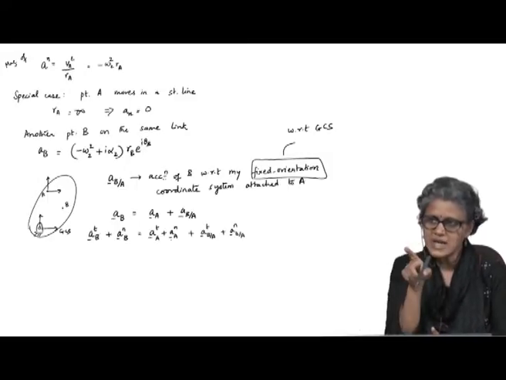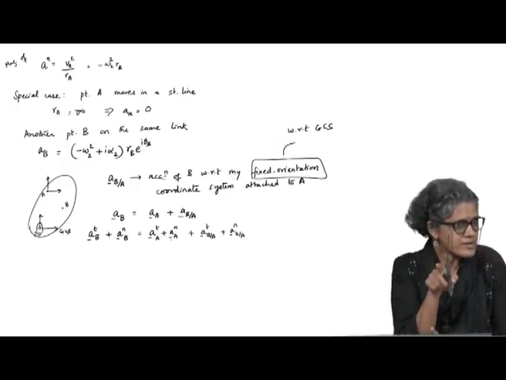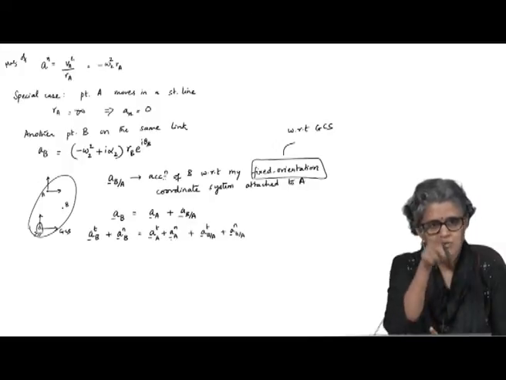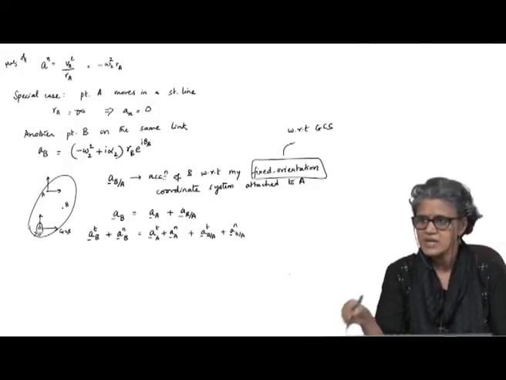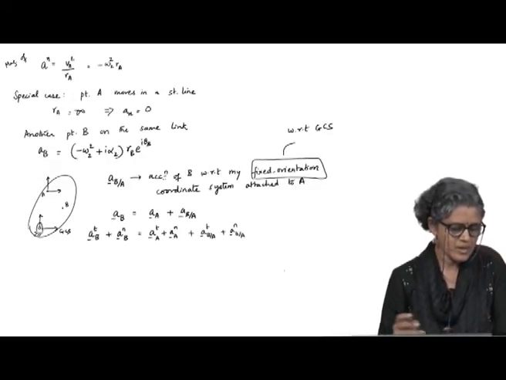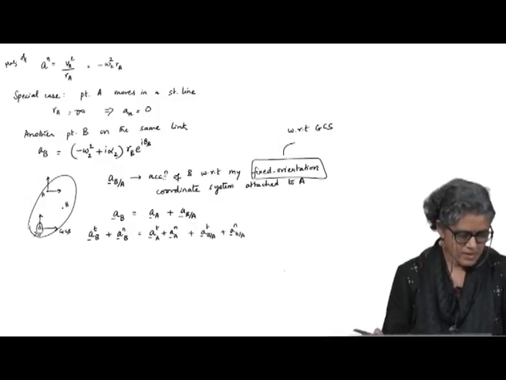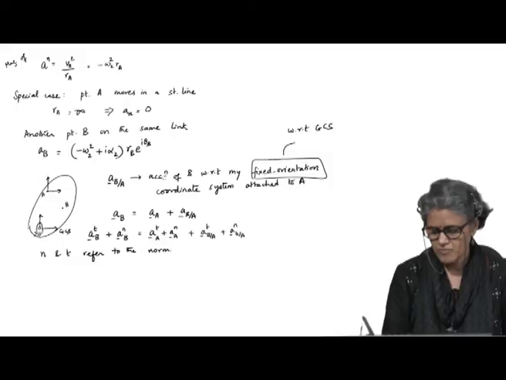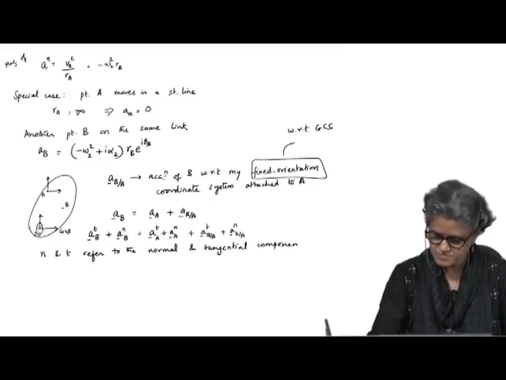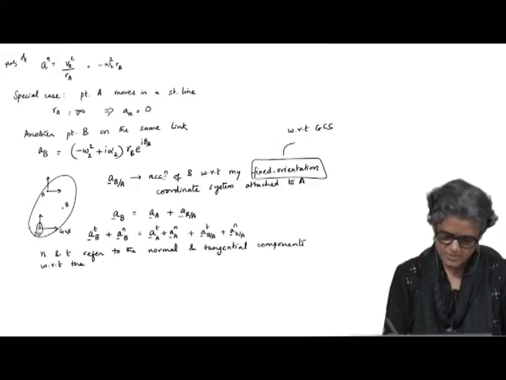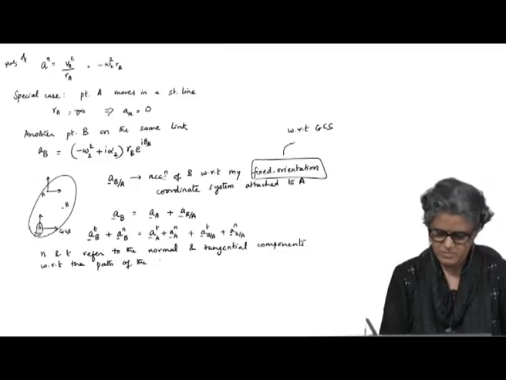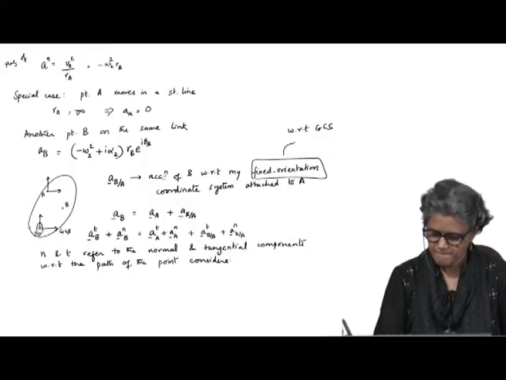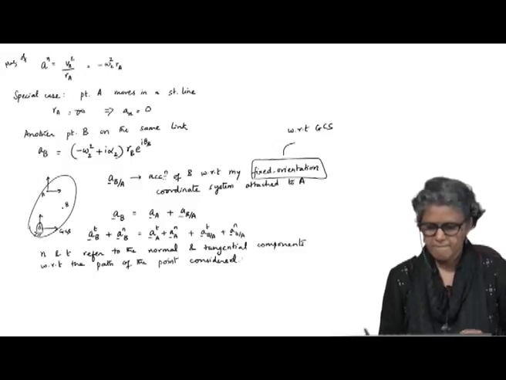When we talk about tangential and normal, it is relative, with respect to the path of that particular point: tangential to the path of B, normal to the path of B. Similarly, for A and for B relative to A. So N and T refer to the normal and tangential components with respect to the path of the point.